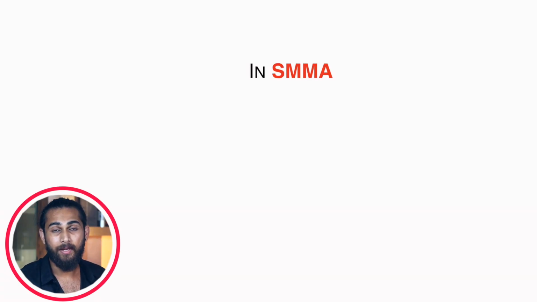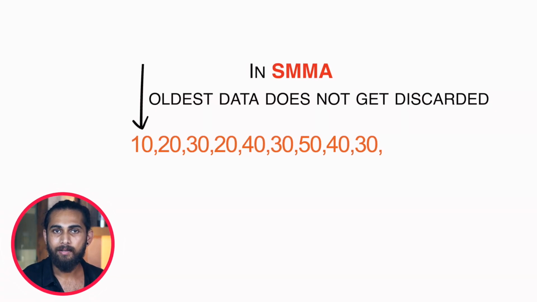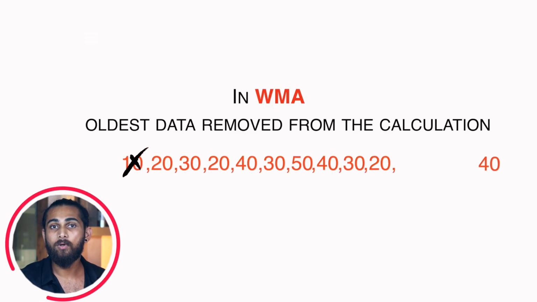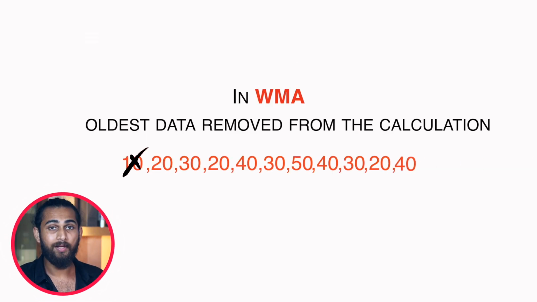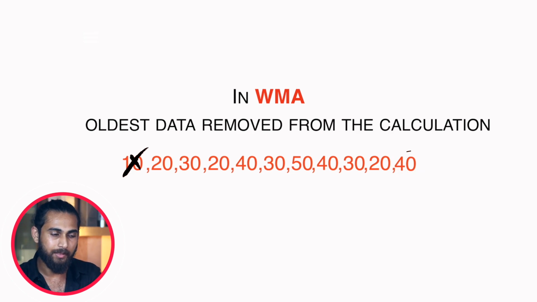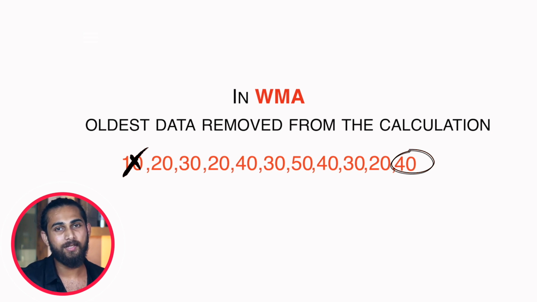What exactly happens in the SMMA is that the oldest data does not get discarded. Instead, the weightage that it gets is reduced to some extent. On the other hand, the oldest price data is removed from the calculations in the WMA each time new price data is added, just like the SMA. Now, you might ask what difference does it make?